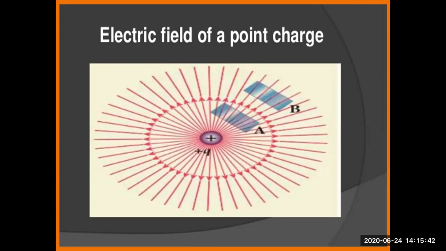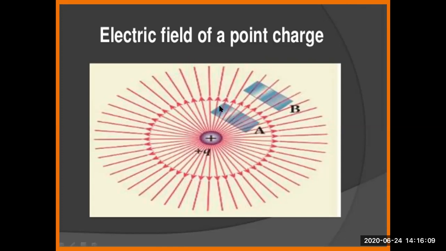Here we can see the point charge placed in the center. All around it there is the electric field, and these lines are coming out from the source charge, which is Q positive, and we have placed these two areas A and B perpendicular to the lines. Now, if you are measuring the electric flux, we have to measure the number of lines.